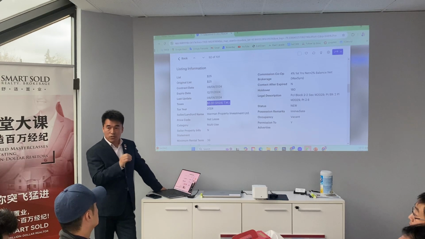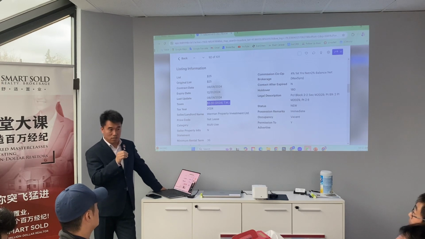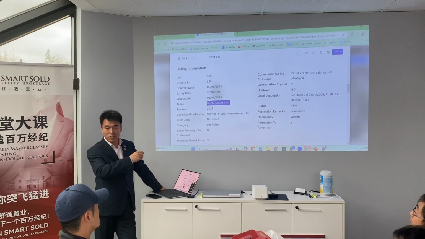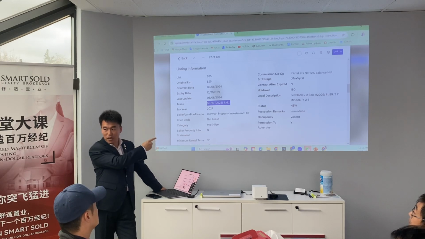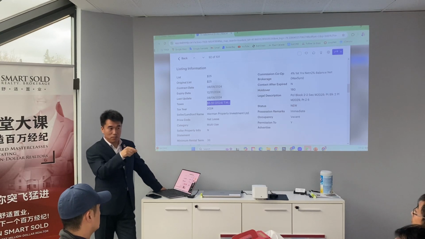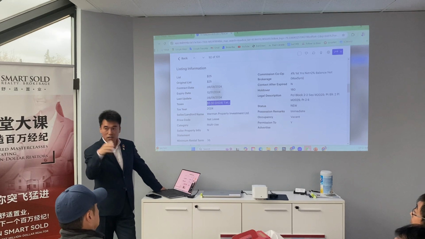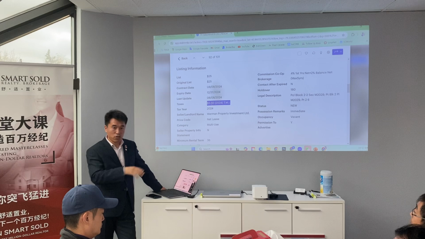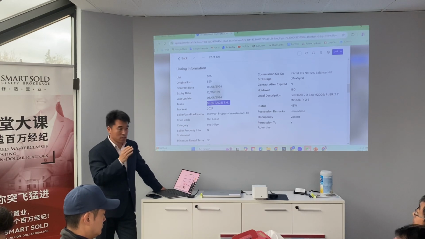So how do you calculate the total monthly rental for your client? Simplified, it's just 25 plus this TMI, and then multiply by the square footage, divided by 12. That's the total monthly rental before tax.